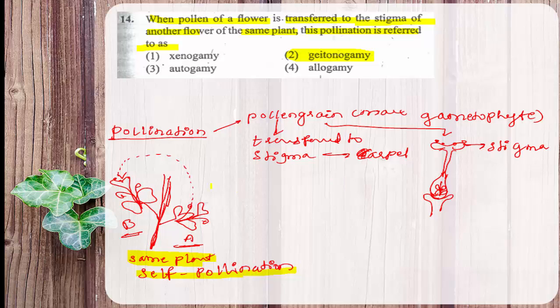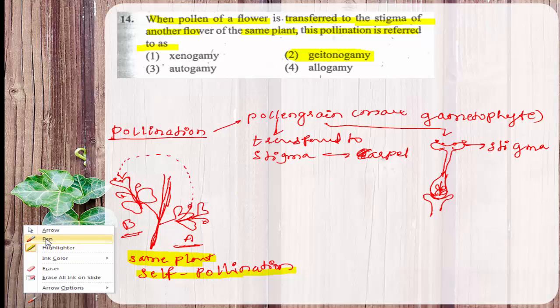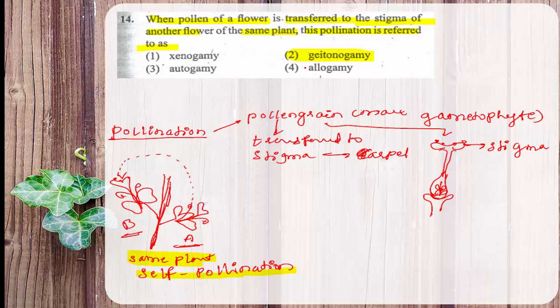Let me elaborate what exactly happens in xenogamy. Xenogamy is also a type of pollination, but it is cross-pollination. It is not self-pollination. What happened in case of self-pollination? Pollen grain of one flower is transferred to the stigma of another flower, but both the flowers are born on the same plant.